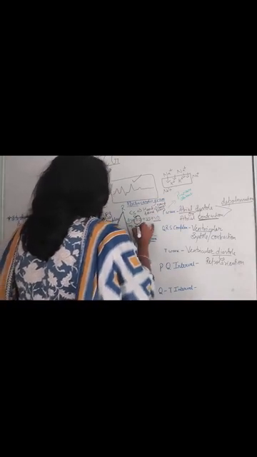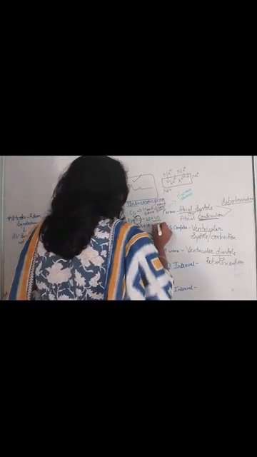So in the case of ECG, atrial systole is atrial depolarization, atrial diastole is atrial repolarization, ventricular systole is ventricular depolarization, and ventricular diastole is ventricular repolarization.